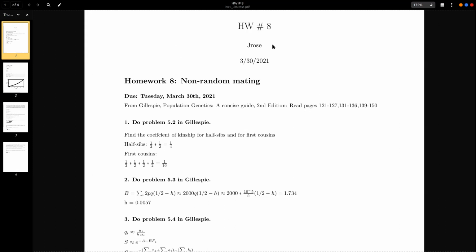It passed the same allele with probability of half. So I end up with a half times a half times a half. Does that make sense? So fxy for half sibs is in fact 1/8, and you have it exactly right for first cousins.